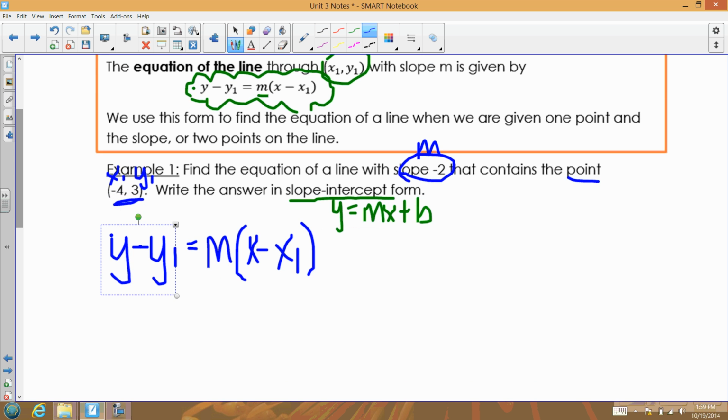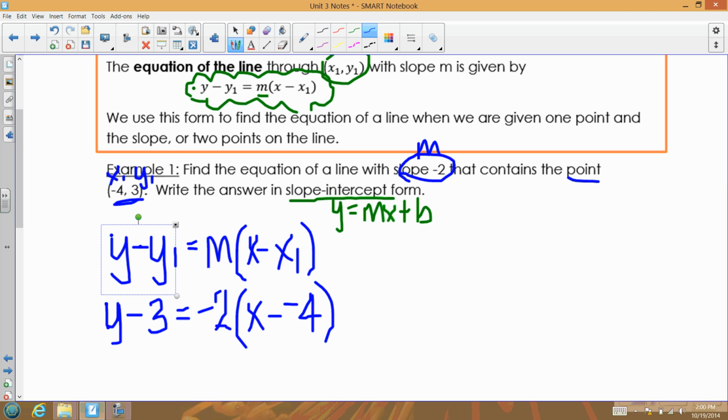So I have y minus y1, which is positive 3, equals -2, and then x minus x1, which is -4. Notice that I'm keeping both minus signs, or both negatives. So the minus and then the -4. So it's really going to become x plus 4.